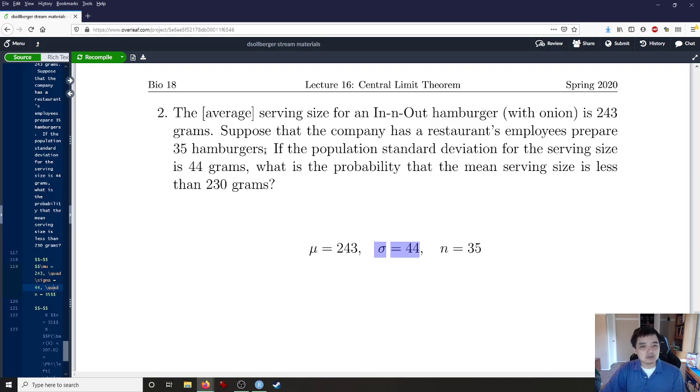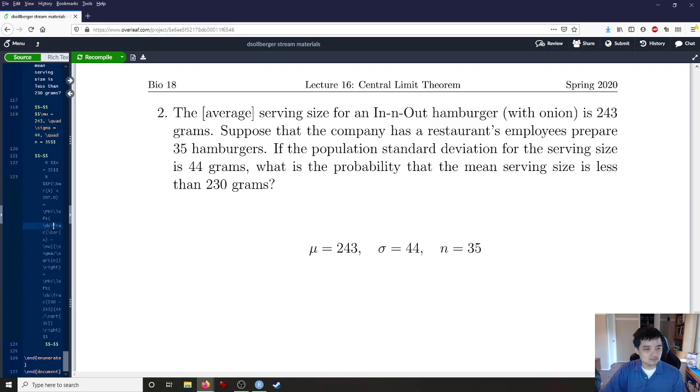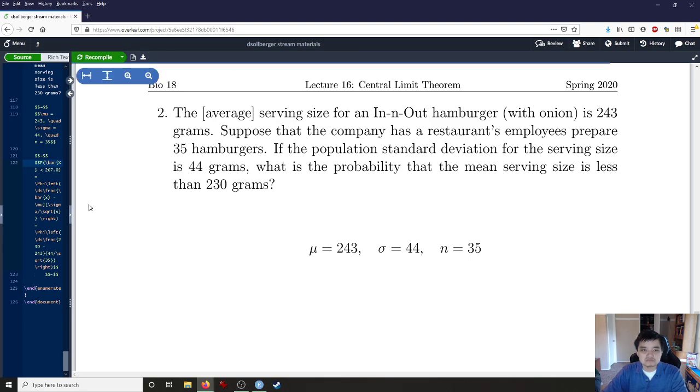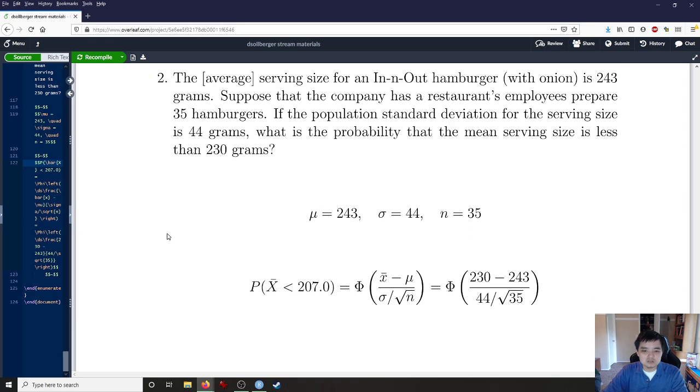And the amount of items that we're studying, that will be the 35 hamburgers, so n equals 35. Whoops, I have a typo here. Let me fix that.